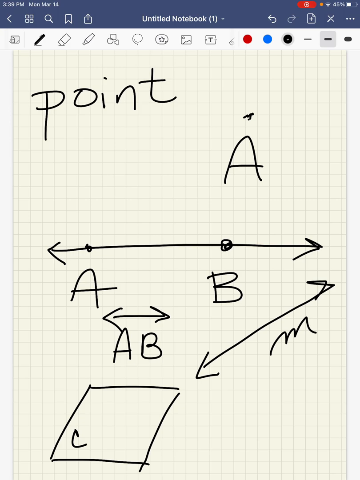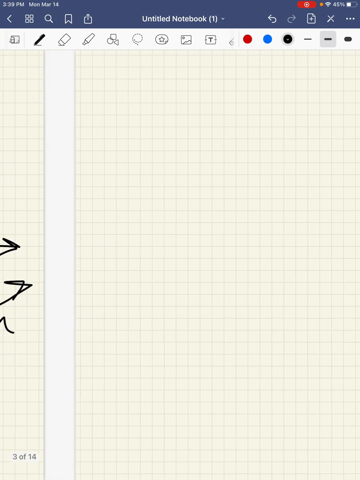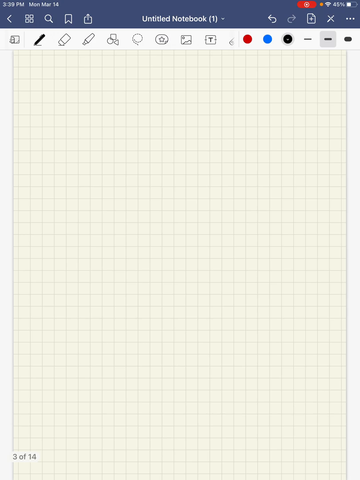All right, so back to definitions. We don't have definitions for these 3 terms, but it's really kind of funny because those 3 terms are used to define everything in geometry.